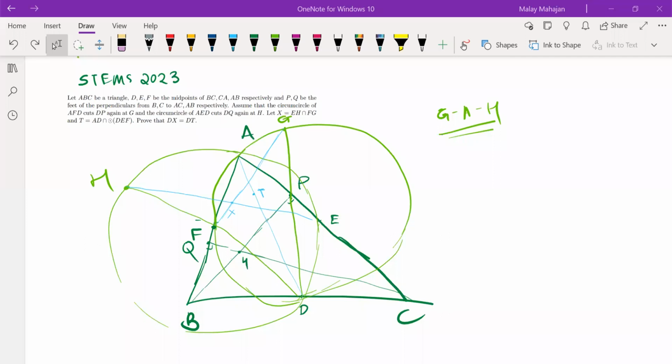Wait, I think you drew DF cap AED's H. Isn't it supposed to be DQ cap AED? Wait. Okay, so it intersects DP and here it's DQ. Sorry.